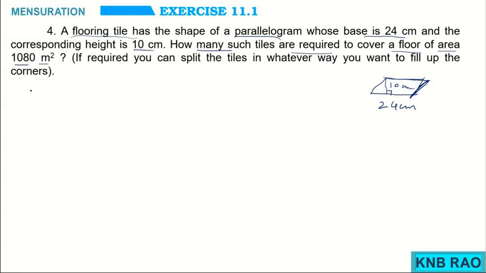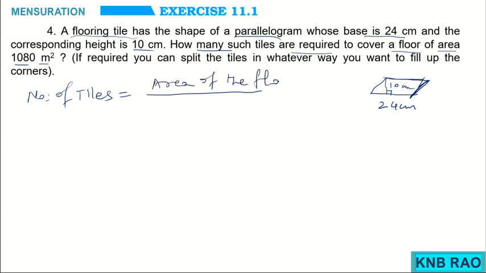So the number of tiles, if I want to find out, I have to divide the area of the floor by the area of one tile. I know how to find the area of one tile.